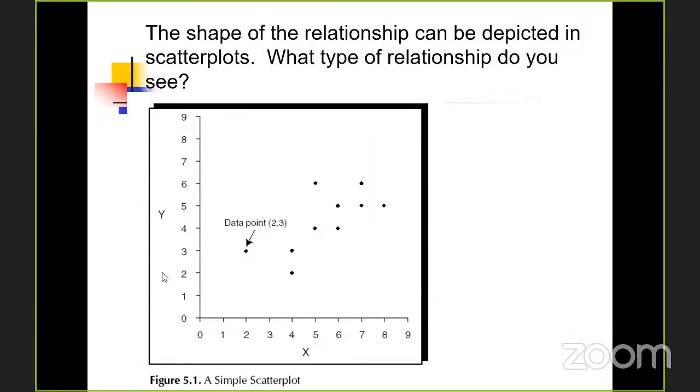So for example, if we take these two variables x and y, can anybody tell me, would you say that there's a correlation between these two variables based on the data on the graph? As in, is there a linear relationship? So if you go back to, No?